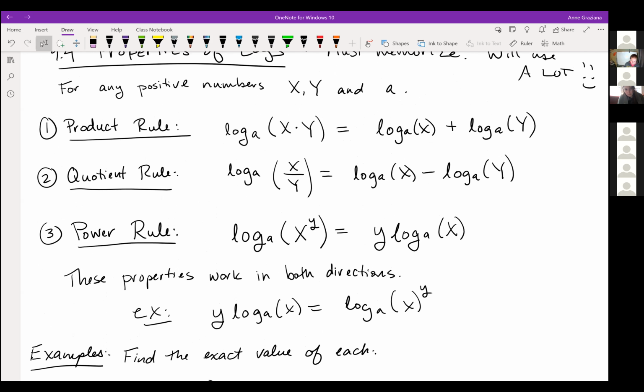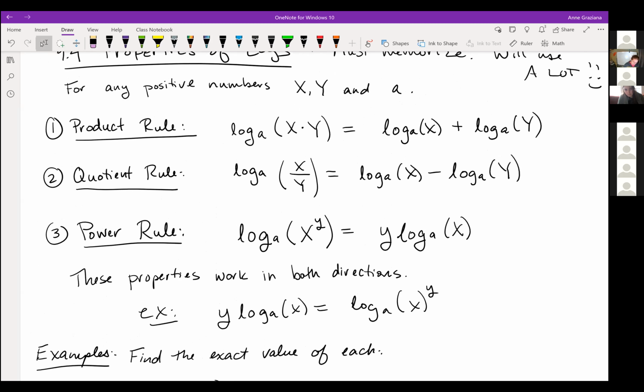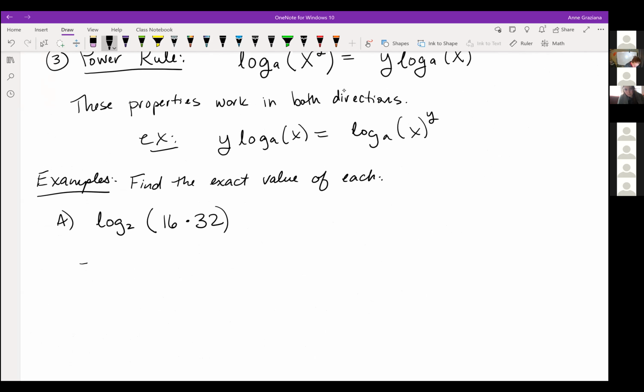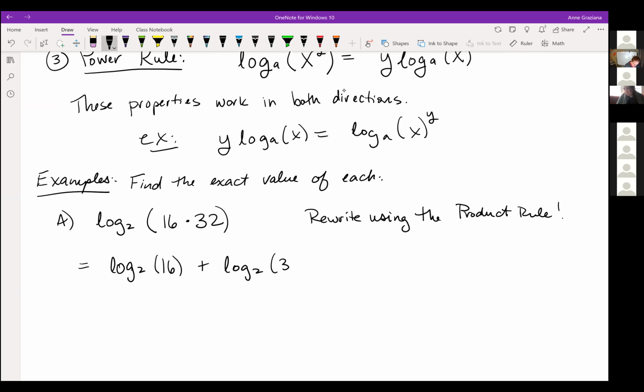So let's do that. I'm going to rewrite using the product rule. So this is log base 2 of 16 plus log base 2 of 32.